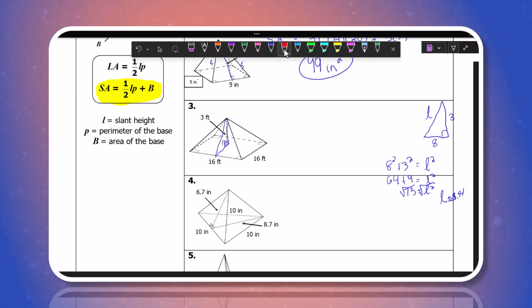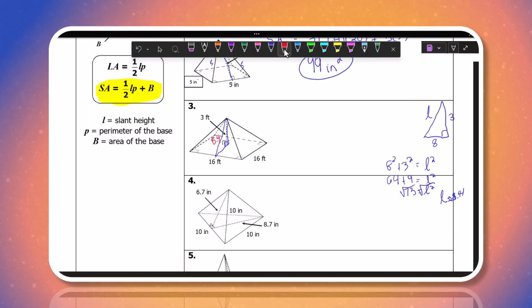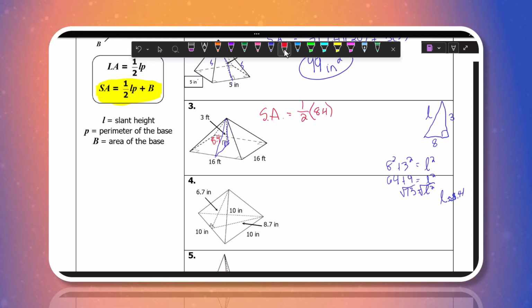And now it's exactly the same thing that we were doing before. So we have our slant height, 8.54. So surface area is 1/2 our slant height, which we just found, times our perimeter, which is 16, 16, another 16, and another 16. So 64 plus the base area.